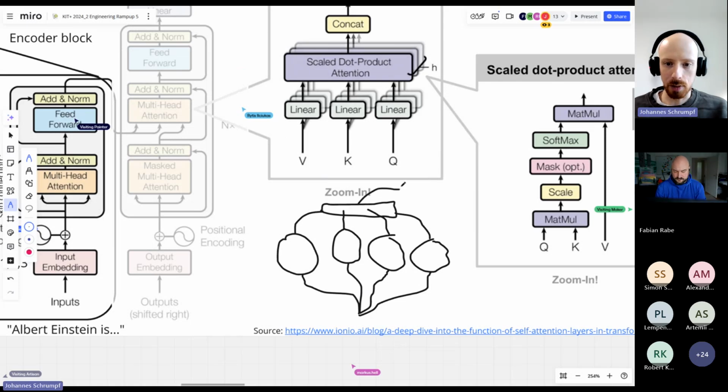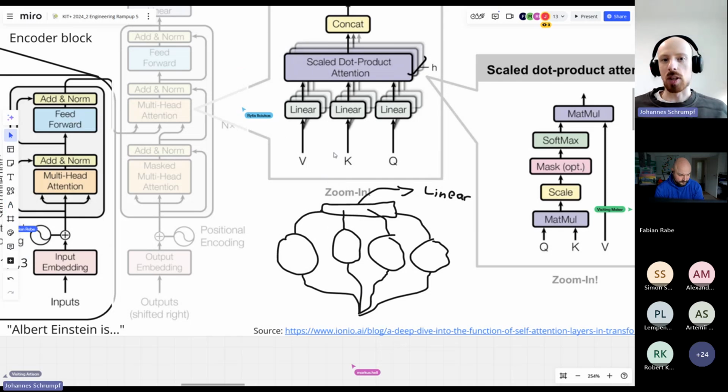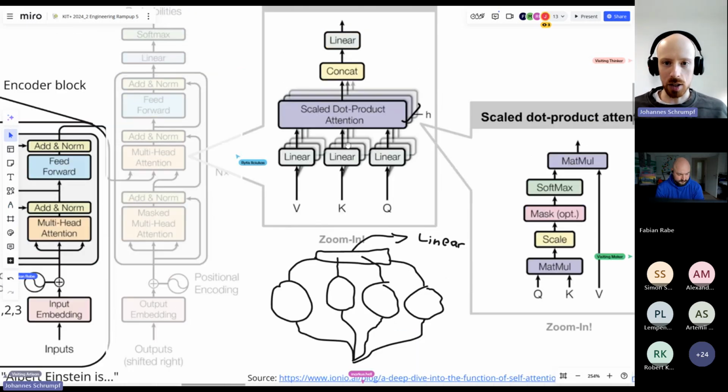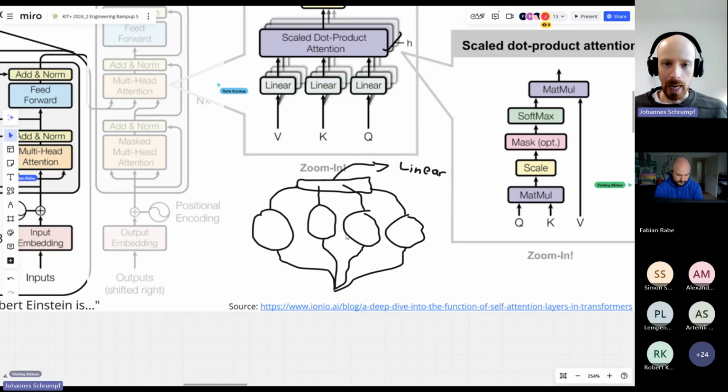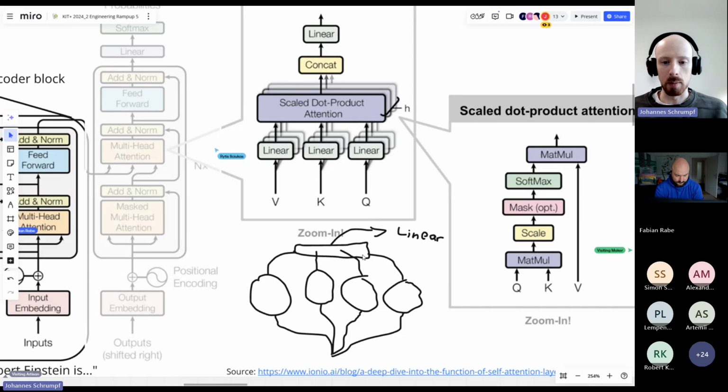And then this gets fed through another linear layer. So this is the idea behind this multi-head attention block, where you just do massive parallelization within these scaled dot product attention blocks, and you aggregate the output of this and then push it forward. And now, of course, the question is, what happens within the scaled dot product attention?